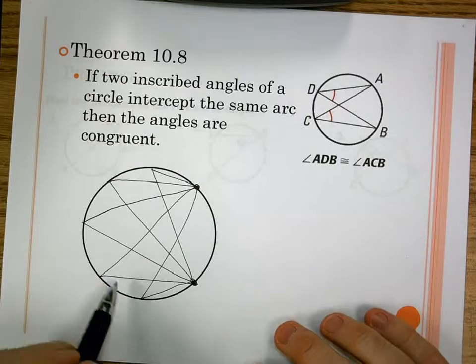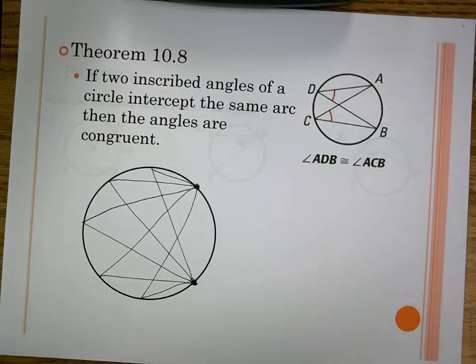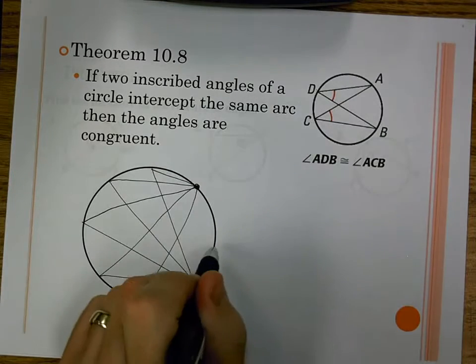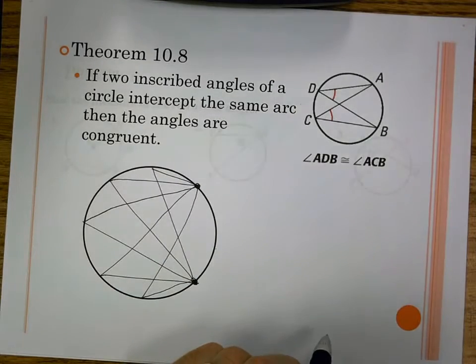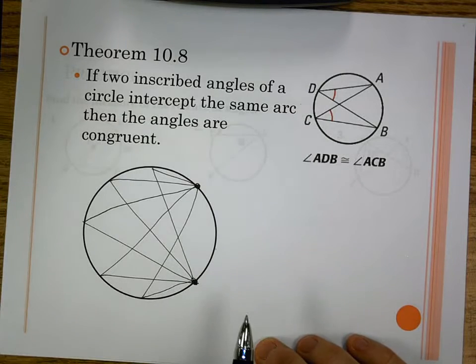In between any two, I could draw another one, and another one. And all of those angles would go to the same arc. So, if this arc was 90 degrees, every one of those angles, as long as they go to that arc, would be half of that, and they'd be 45 degrees. And if the angles are the same, then they're congruent. Anytime they go to the same arc, they're going to be the same angle.